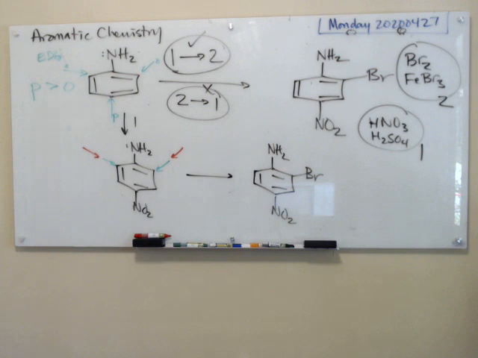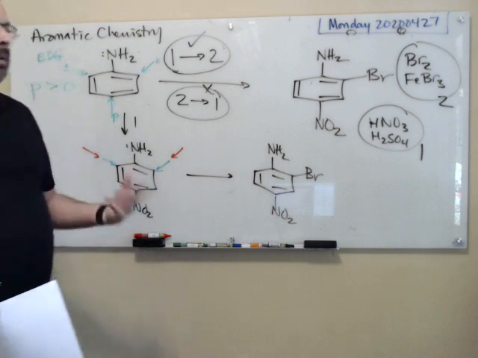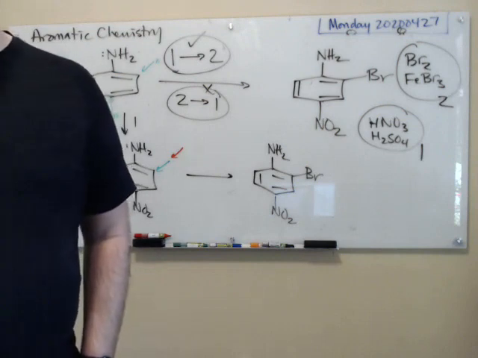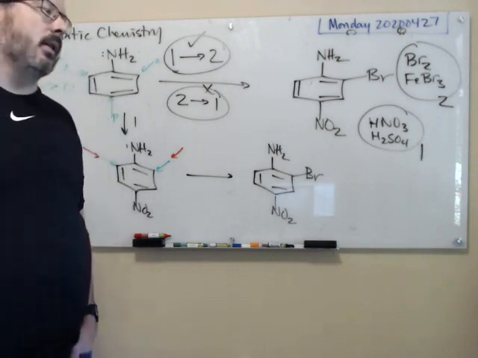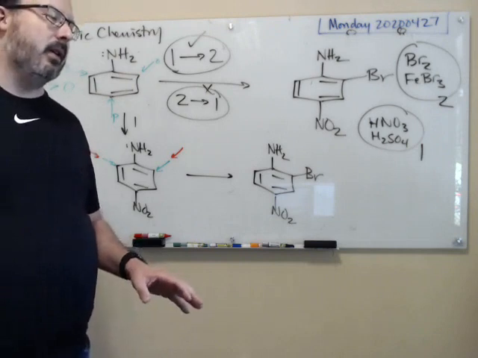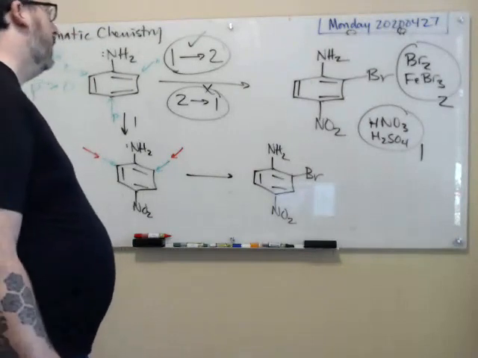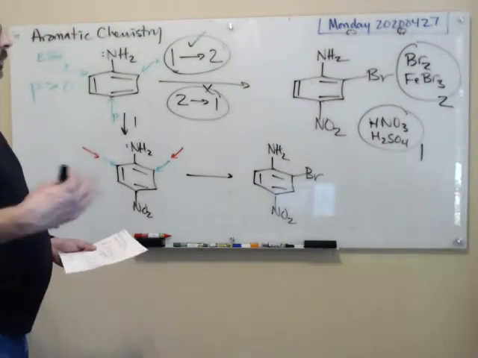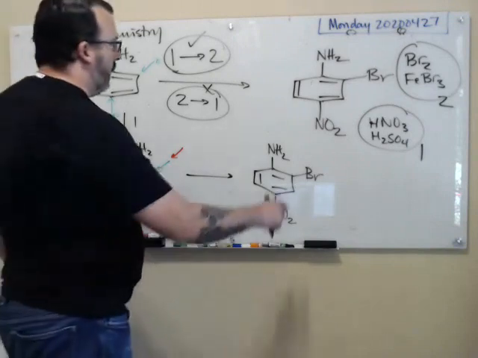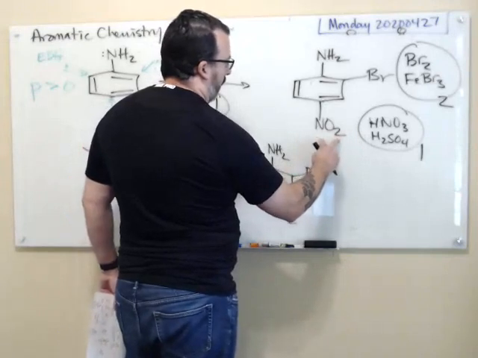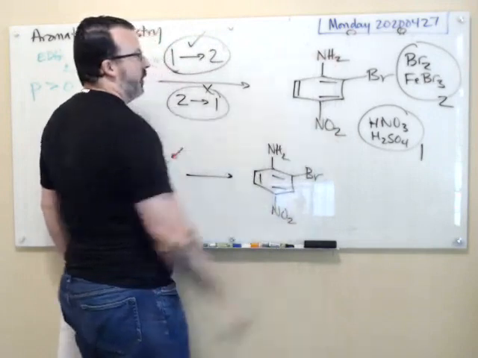So that's a very brief taste of what we're doing with knowing these reactions. I want to introduce you to a couple more reactions that are important for us. Basically what they have to do with is flipping the directing group ability of an existing substituent. Sort of where this is headed, we know that nitration will get NO2 onto the ring, but we have not seen how we get NH2.